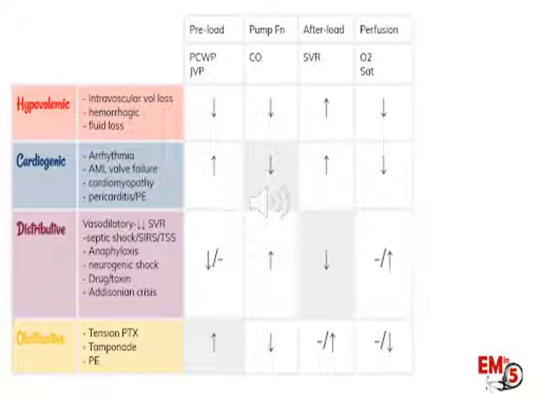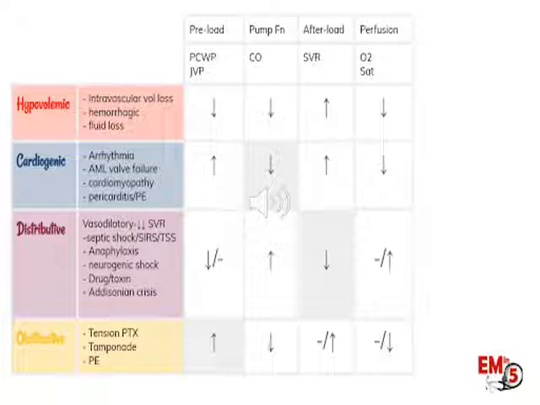The second parameter is the cardiac output. The third one is the afterload and the systemic vascular resistance, which is the tone inside the blood vessels. The fourth parameter is the mixed venous oxygen saturation, reflecting the tissue perfusion.